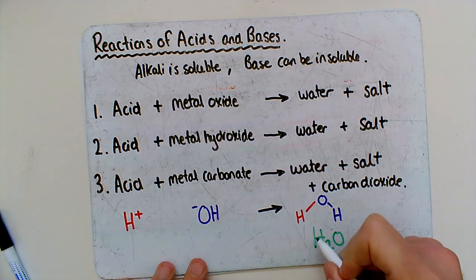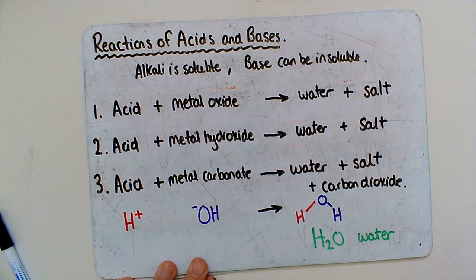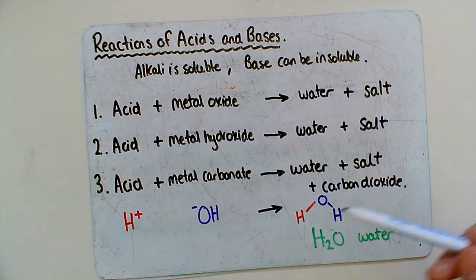And you'll notice I've color-coded these things, and I've done that on purpose because that's the color that universal indicator would be. Red for an acid, blue or purple for an alkali, and then green for something neutral like water. And believe it or not, the fact that we get water, a neutral substance, in every single one of these reactions is what gives us the overall name for these reactions.